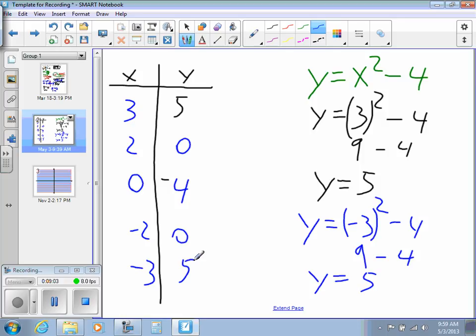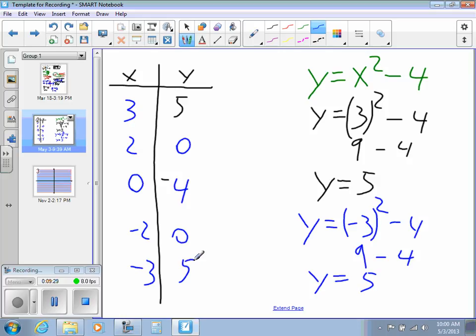Now, this is a sufficient number of points to sketch a graph. Typically, you need a minimum of 3 points. 5 points is better. The more points you have, the more accurate you can be. But as long as you've got the vertex and 1 or 2 points on either side of the vertex, you probably got enough to sketch the graph.